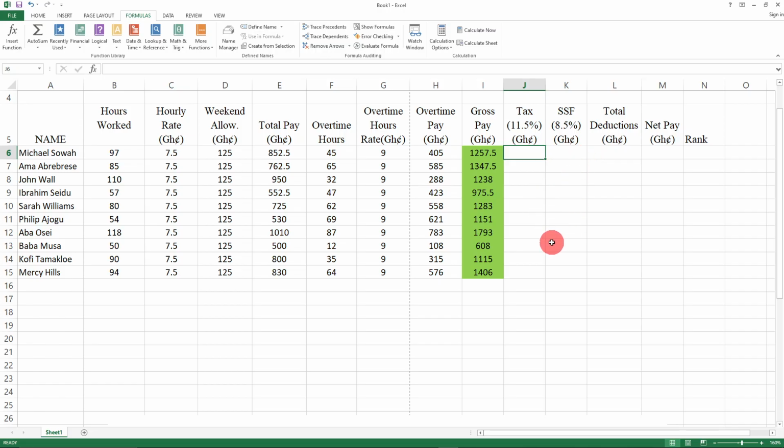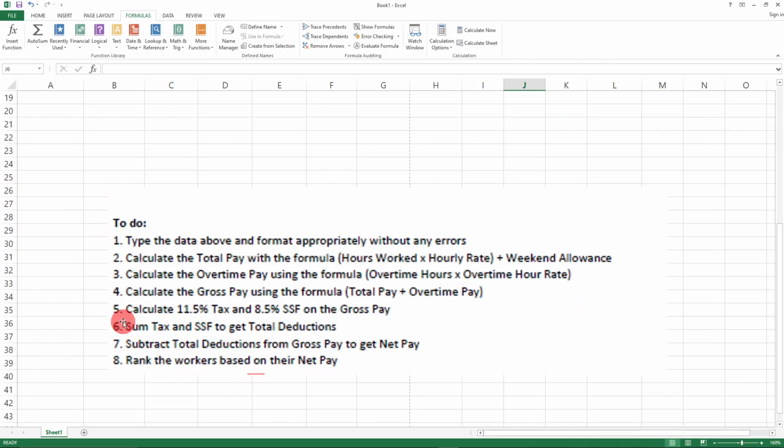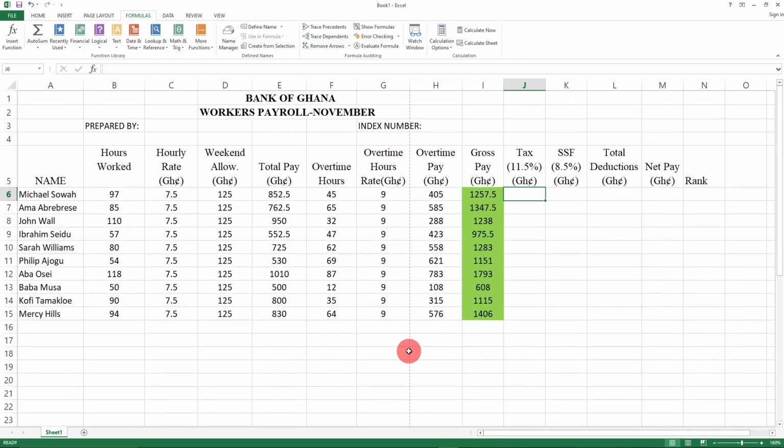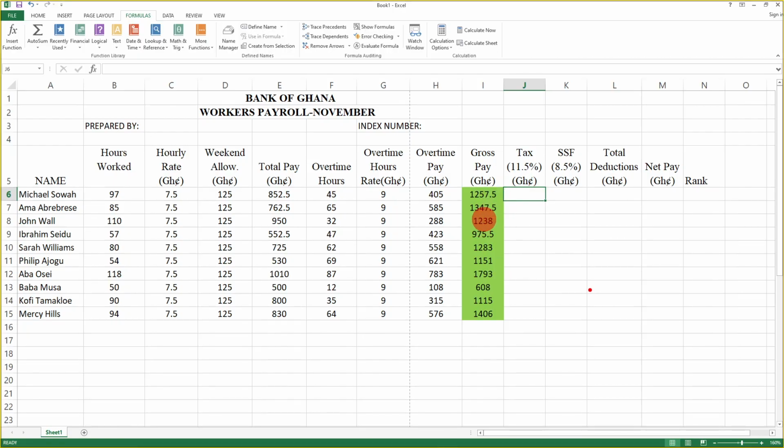Now to get the tax, please take note of this formula. What we are going to do is, they've given us 11.5%, and then the gross pay is 1,257.5. So what we will do is multiply the gross pay.